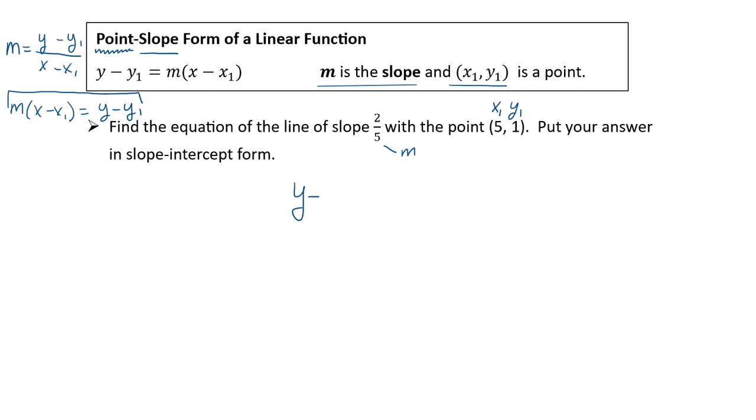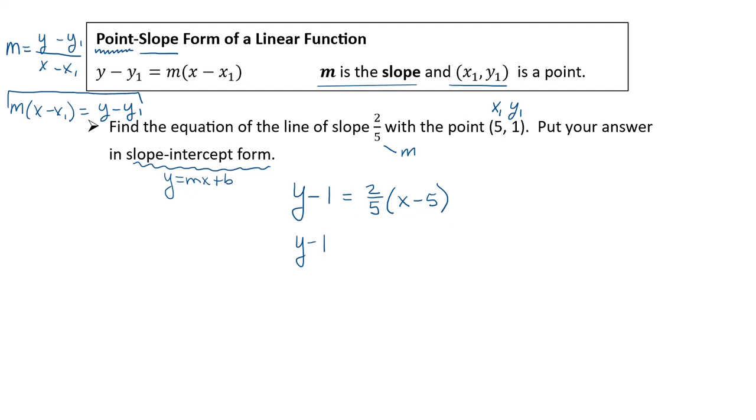That's y minus y sub 1 equals m times x minus x sub 1. Now this is point-slope form of the line, but they asked for us to put it into slope-intercept form. So remember that means y equals mx plus b. We just need to solve this equation for y.